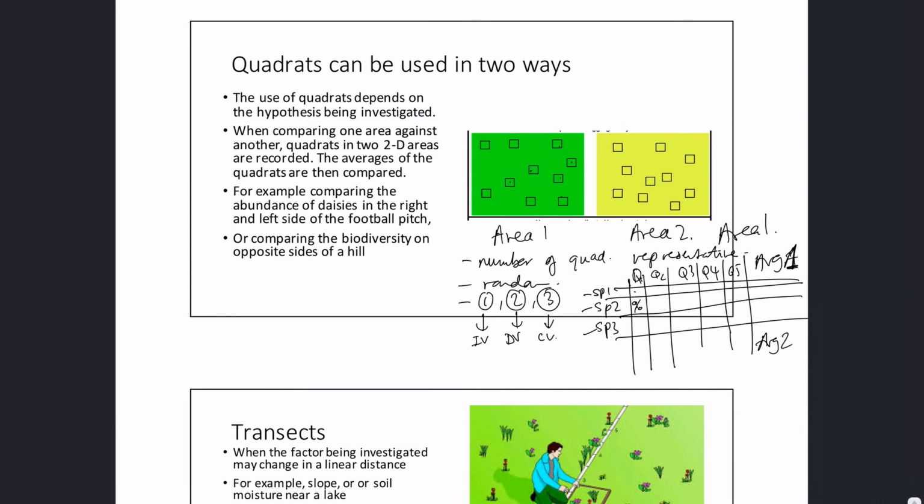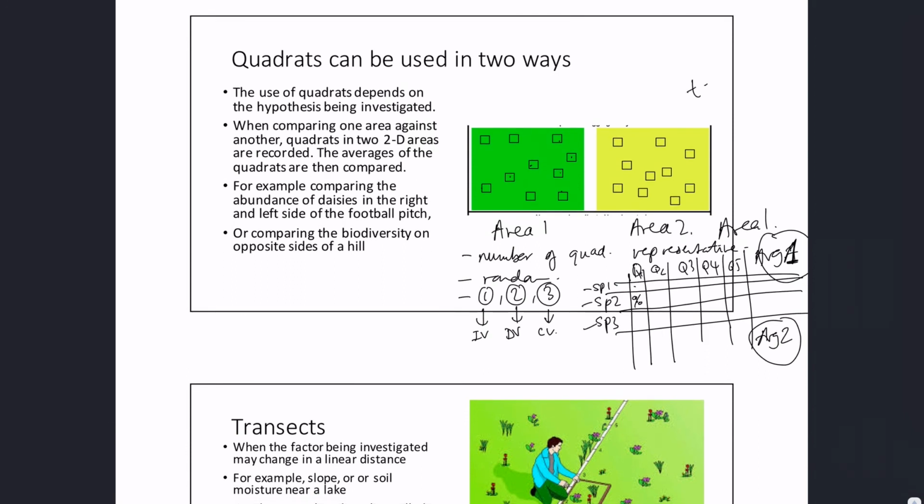Then you do your investigation. The analysis is by comparing the average of species 1 in area 1 versus the average of species 1 in area 2, and seeing whether there's any significant difference between the 2. Ideally, you test that significant difference with a t-test, but more on that later.